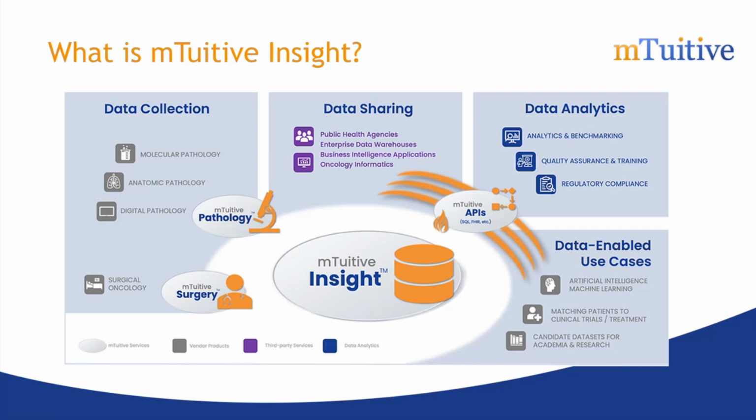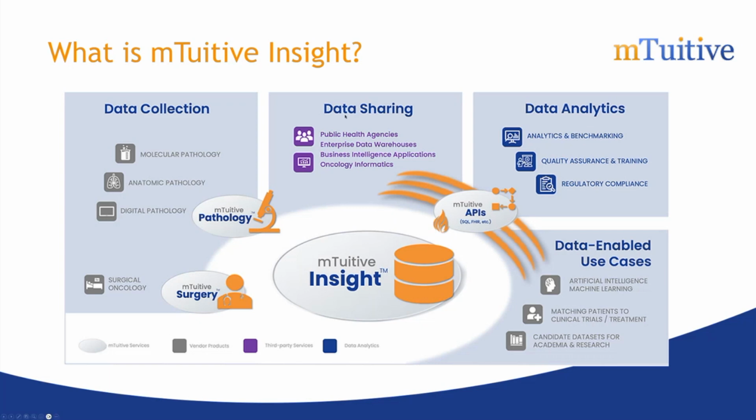We may be pulling in information from digital pathology systems or AI algorithms that are being run on digital images. There's lots of different ways to get information into Insight. We start with the synoptic reporting that you're doing with the mTuitive products, and we supplement that with other information that's available.